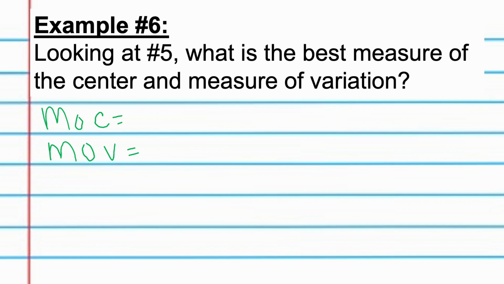And our last example, example number 6, has us looking back at example number 5 and asks what is the best measure of center and measure of variation. Now, there were no outliers in our data set for example number 5, so which two are we going to use? Pause the video and give yourself a second to write it down.